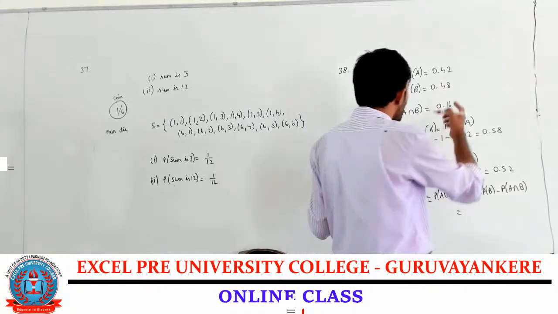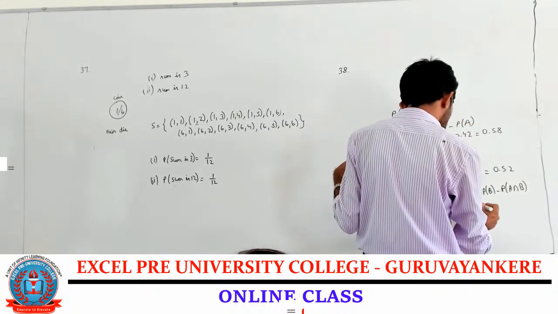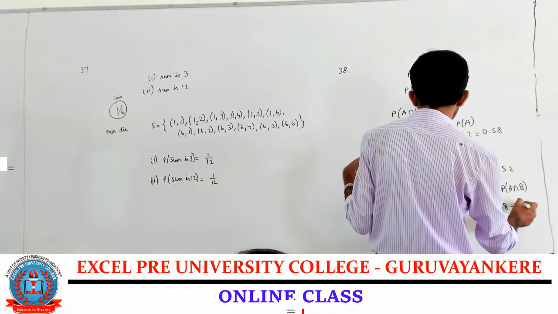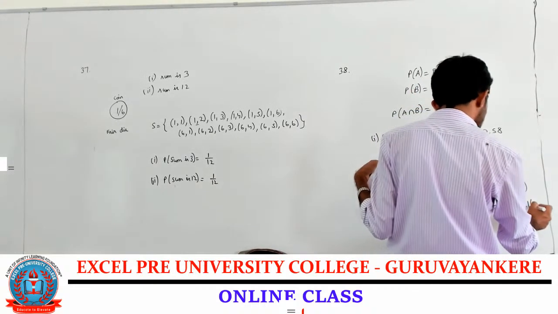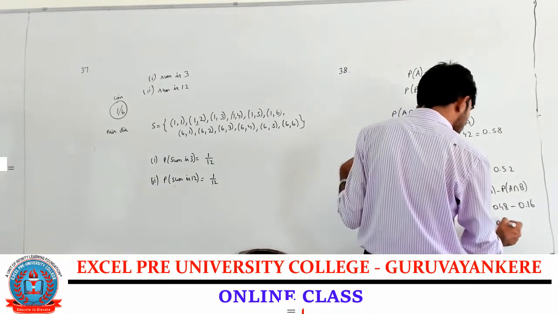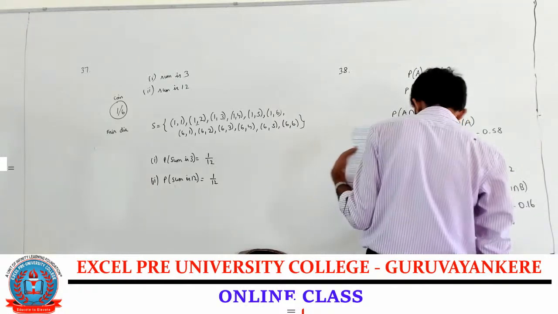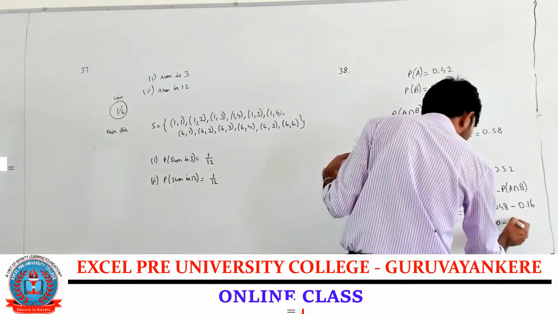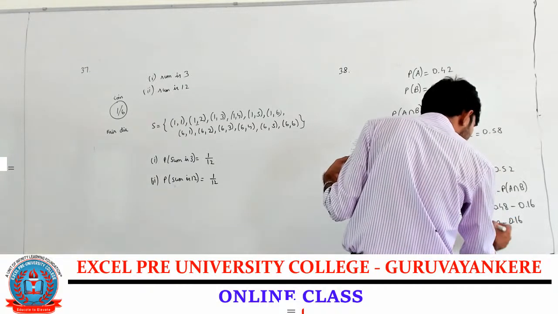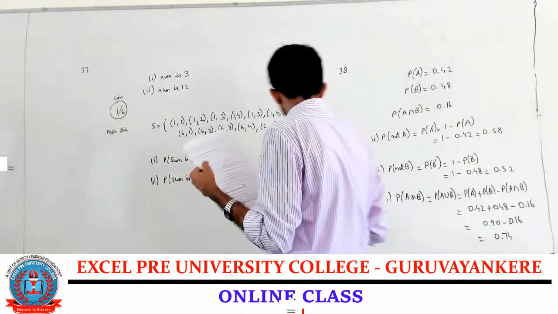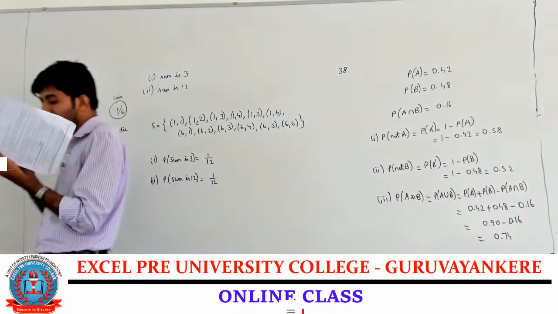P of A is 0.42, P of B is 0.48, P of A intersection B is 0.16. 0.42 plus 0.48 is 0.90 minus 0.16. That comes to 0.74. Correct? So P of A or B, which is A union B, is 0.74.